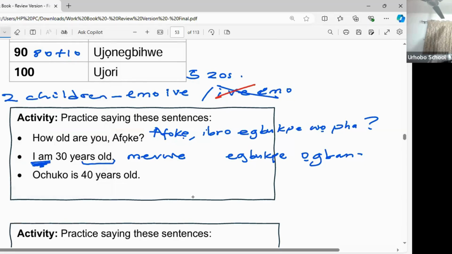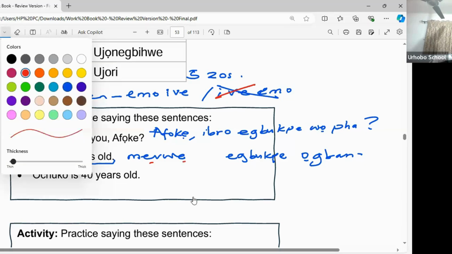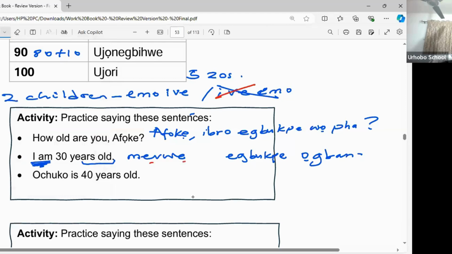So 30 years is Mere Egbukwe Ogba. Okay. So Ochiko is 40 years. So try it.